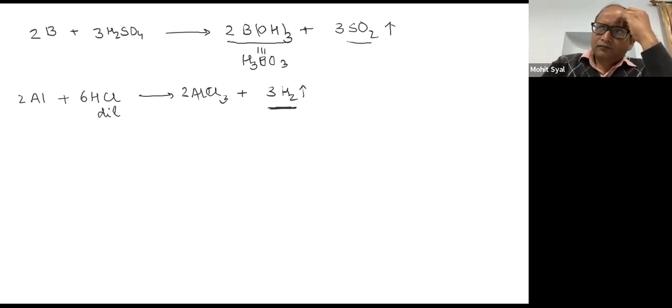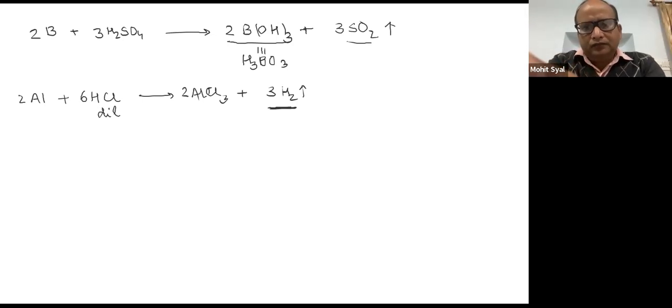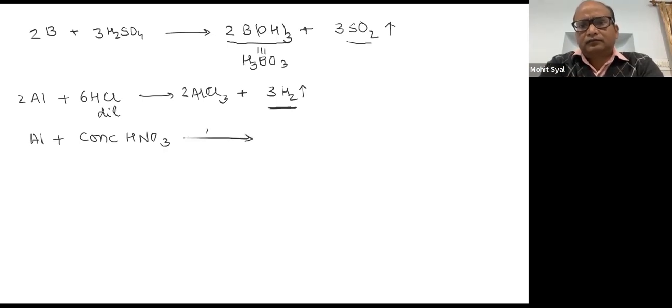Now this is the reaction, but with HNO3, the reaction stops. Why does it stop?